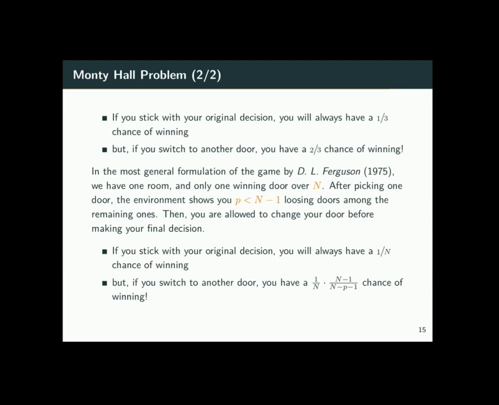If you always stick to your decision, you have 1/n. But if you're deciding to show your opponent some other doors, always non-winning doors, and then you're switching to one of the other remaining doors, then you will always have a probability which is greater than the other one, and the value is going to be that one.